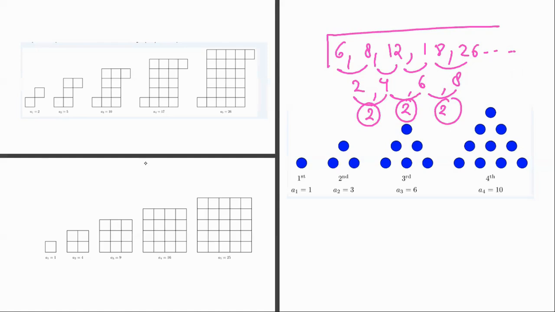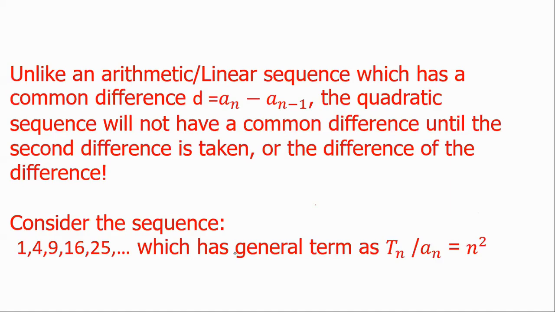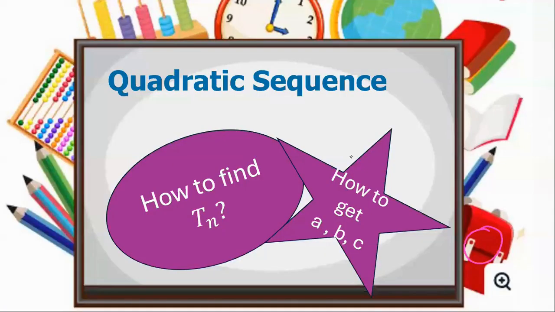Now, one more thing you have to understand with the help of the definition. A quadratic sequence has a general term in the form of n square. The first term in the expression should be of n square. What is the meaning of quadratic?